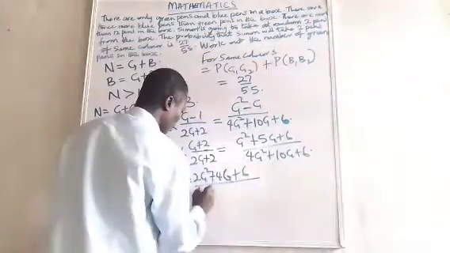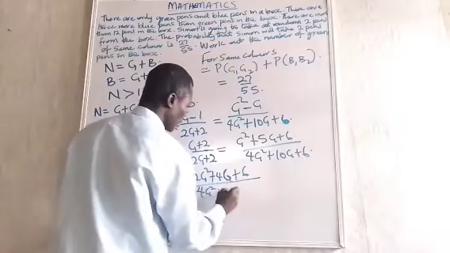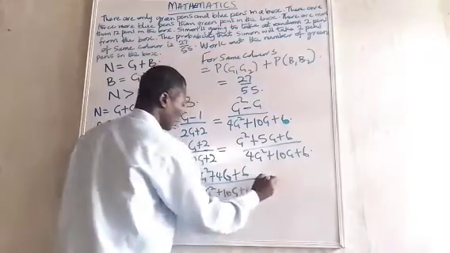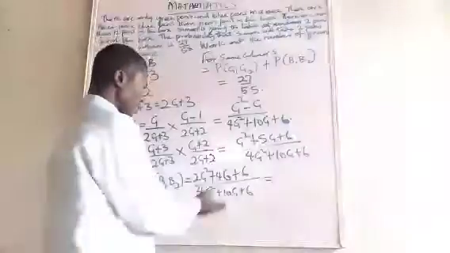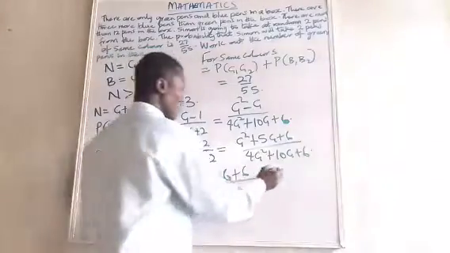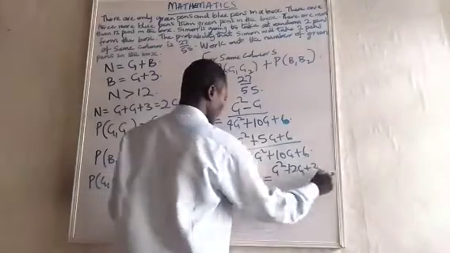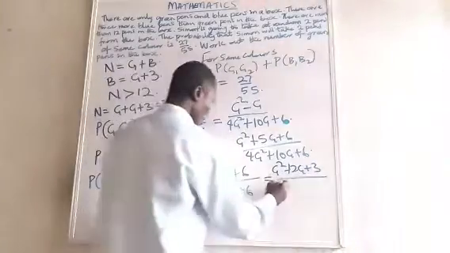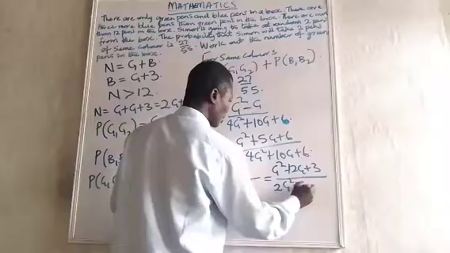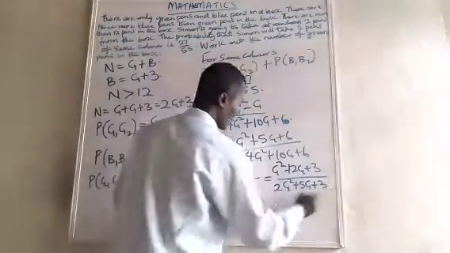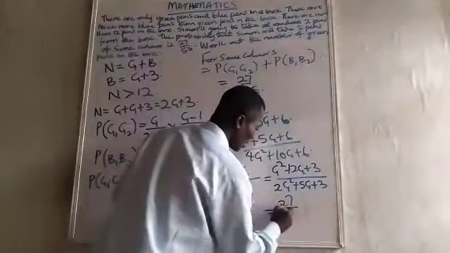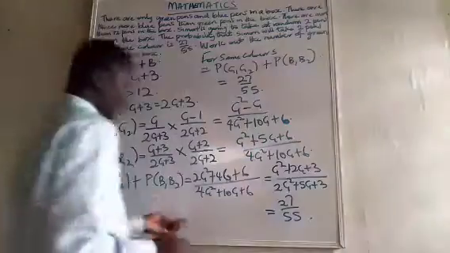The denominator is the same, 4G squared plus 10G plus 6. So you see 2 is common, we can divide both by 2, G squared plus 2G plus 3 over 2G squared plus 5G plus 3. And this one is equal to 27 over 55.